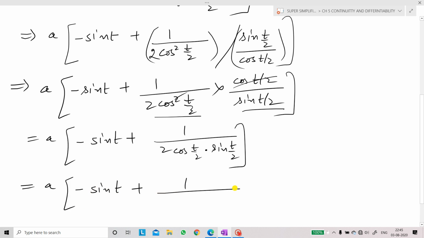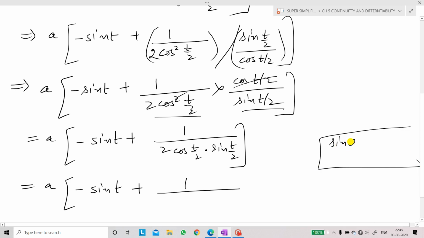Now we are again going to use the formula that sin theta can be written as 2 sin theta by 2 into cos theta by 2. So this 2 sin t by 2 cos t by 2 is nothing but sin t.